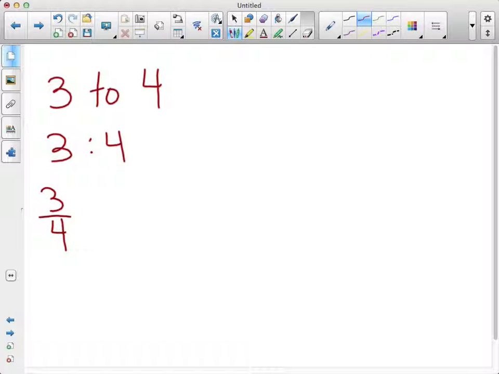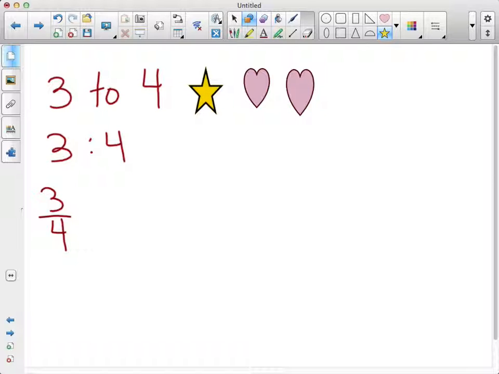So if you have, let's see, I'll make up a different ratio. If I have a ratio of 1 to 2, so I have 1 star for every 2 hearts, my ratio is 1 to 2.